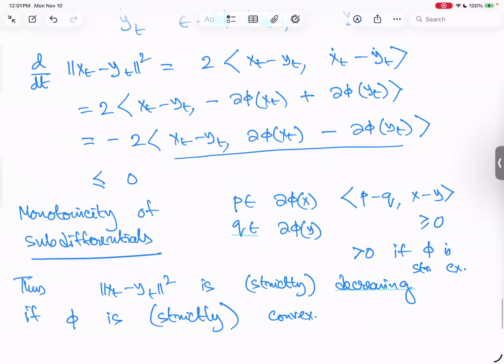All right. Where can it decrease to? The only point where it can decrease to is where this is equal to 0. And that's where you have converged to the unique minimum of this strictly convex function.